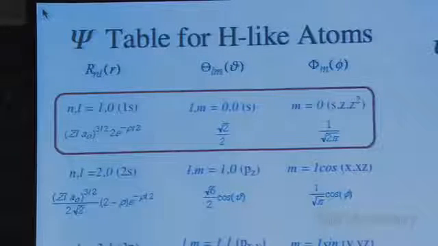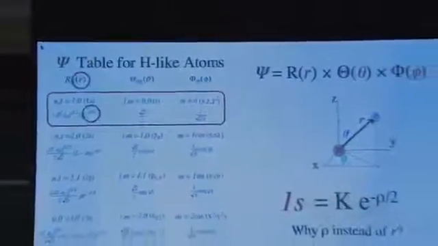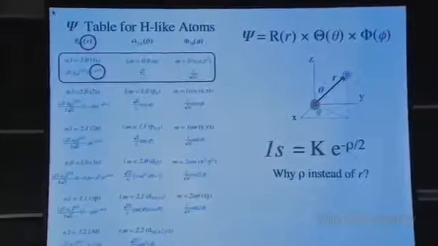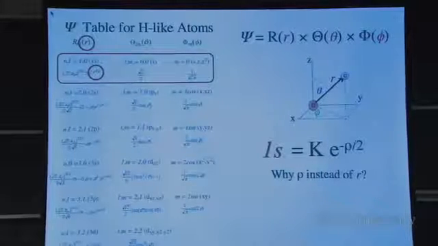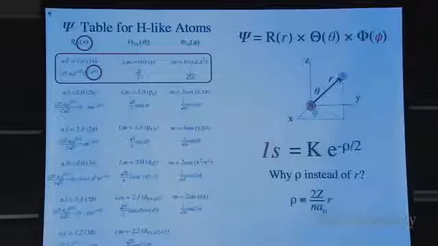So here we've got it. It's a constant times e to the minus rho over 2. When we square it, it's e to the minus rho. Now, there are two things that are interesting here. One, we wanted to get a function of r, theta, and phi, but we don't have r in it. We have rho instead. Why do we substitute r by rho? There's a good reason for that.